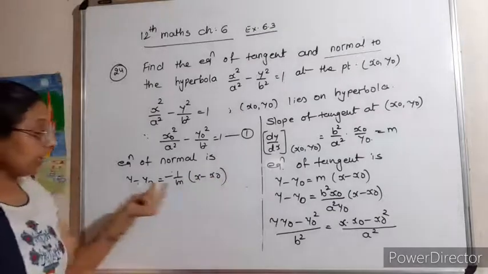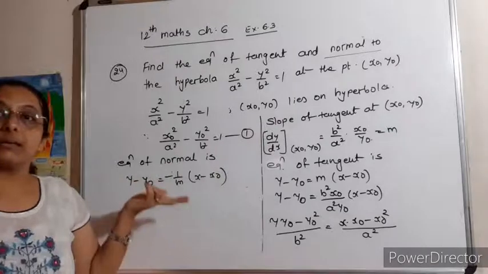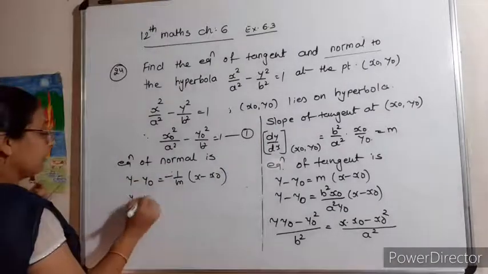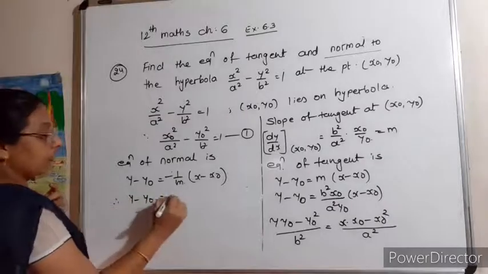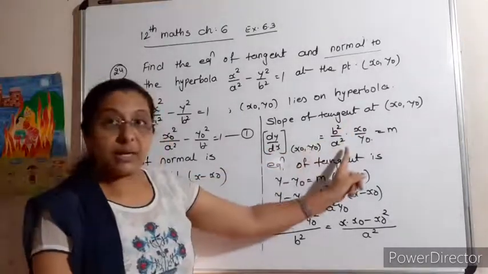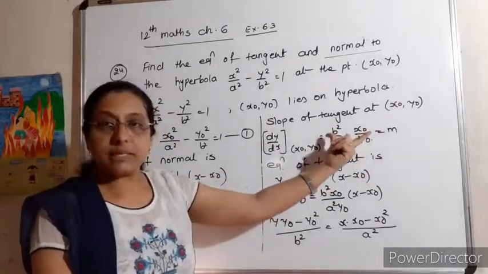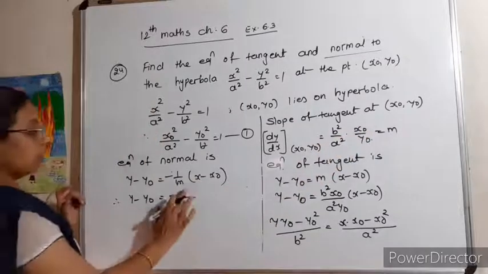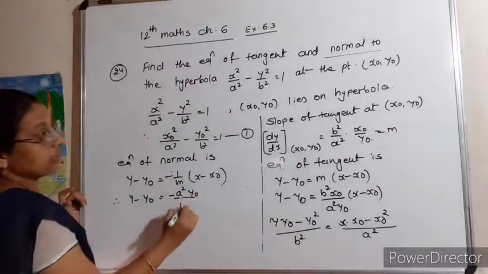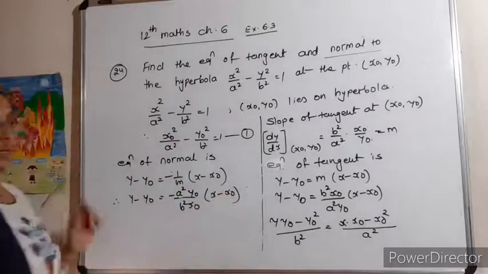x0. So if you have not found the value, you can write it directly from here. We can write it directly. So y minus y0 equals minus 1 upon m. So this is m; taking its minus reciprocal, we get a square y0 upon b square x0. So here we will write a square y0 over b square x0 into x minus x0.